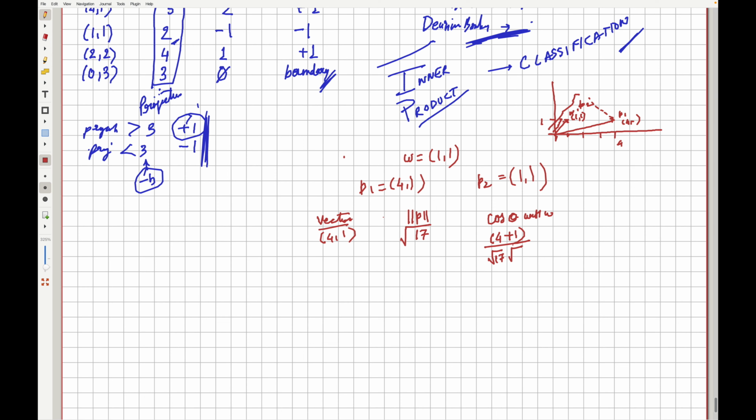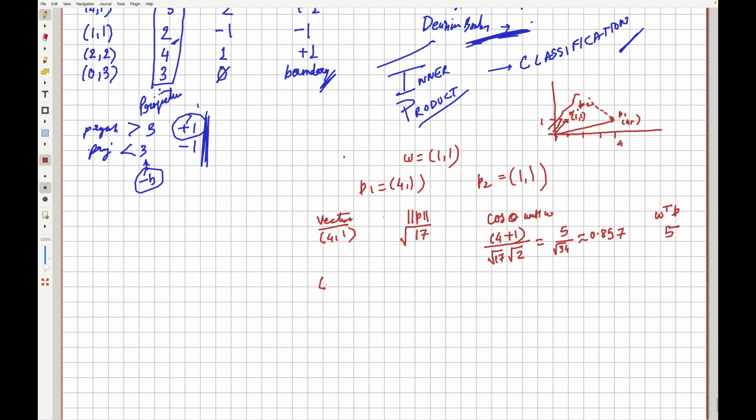So we divide that dot product with the magnitude of each of those vectors, the magnitude of P1 and the magnitude of the vector W, and that gets us a value. I've already calculated the 5 by 34, and that gets us a value of 0.857. Again, here the W transpose P was simply 5.